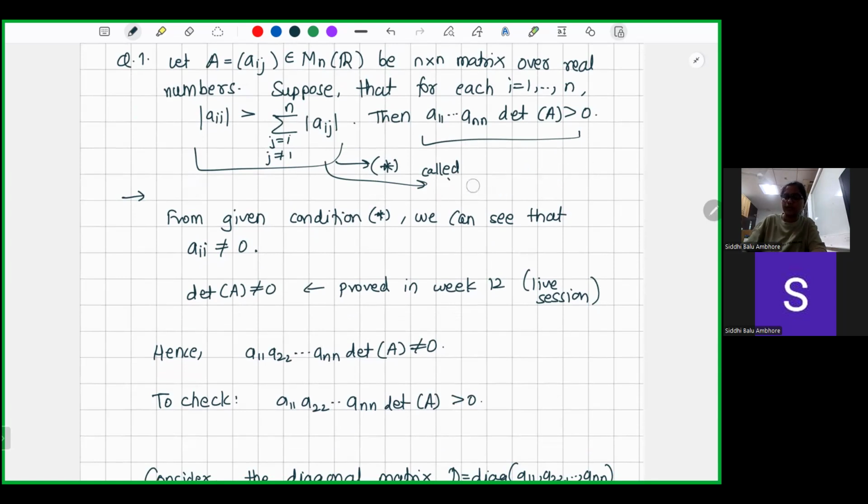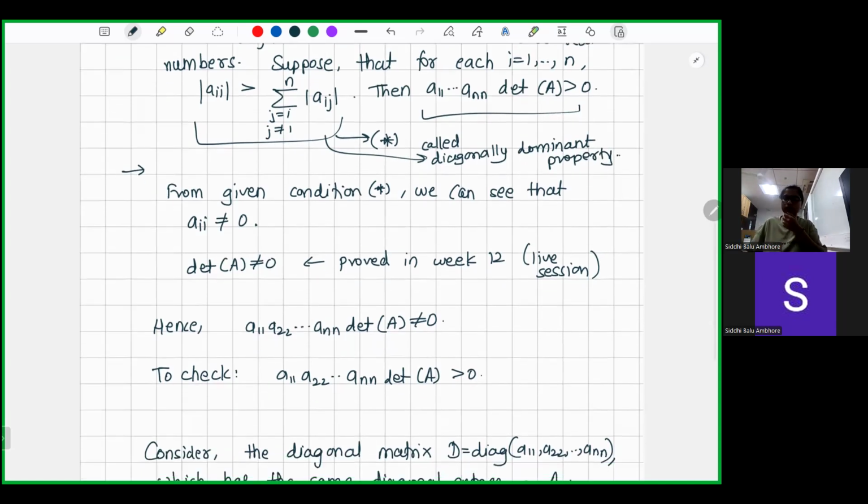We say that matrix A is called diagonally dominant if it satisfies this property, so if A has star, then A is diagonally dominant.